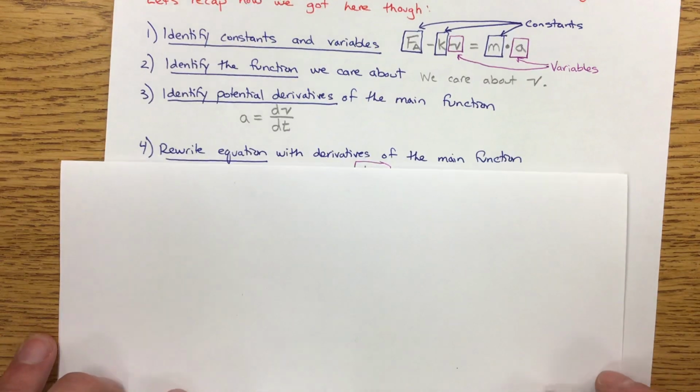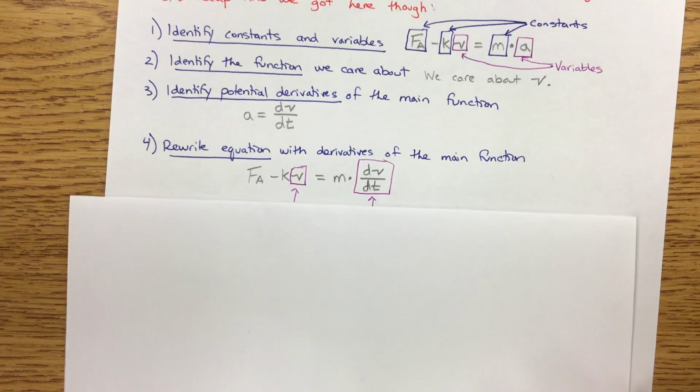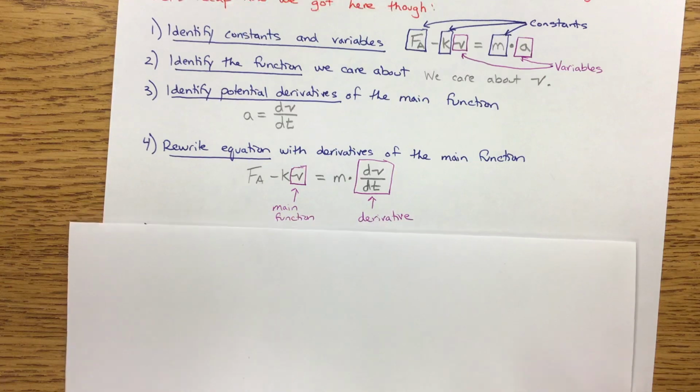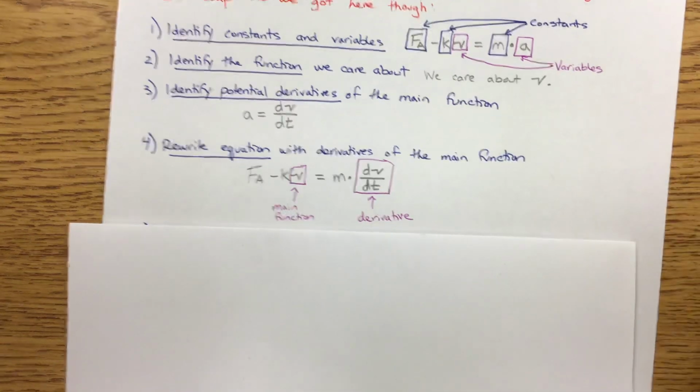So then what we can do is we can rewrite our original equation with derivatives of that main function, okay? So what that ends up looking like is FA minus kv, where v is our main function, is equal to the mass times dv/dt, which represents our acceleration, except we've rewritten it as the first derivative of velocity.